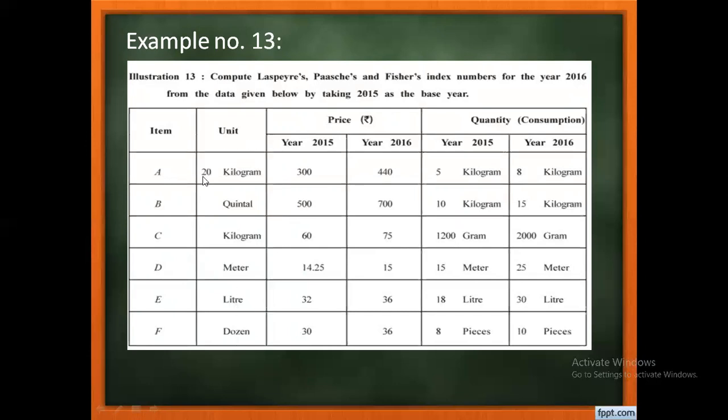But in item A, we have 20 kg. That means the price given over here is for 20 kg. So first you have to convert this 20 kg into 1 kg. And respectively, the price would also be changed. Because for 1 kg, what will be the price?